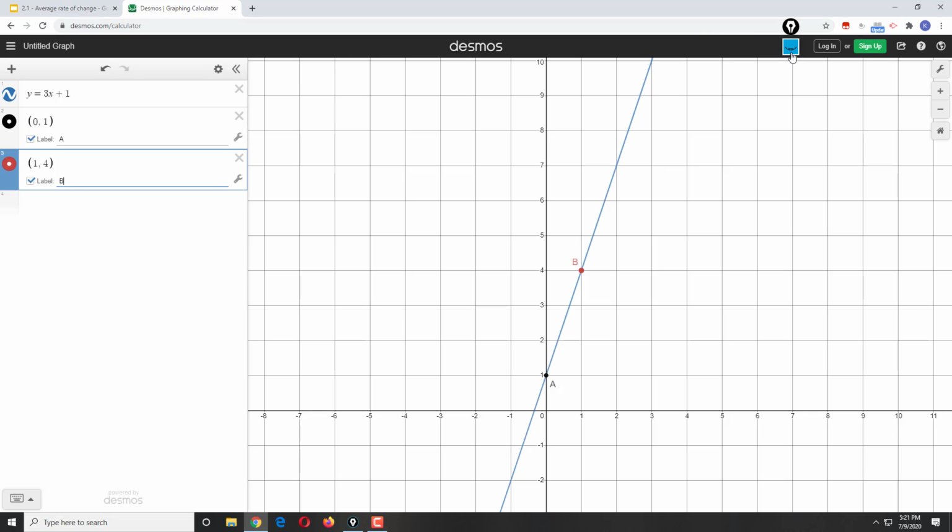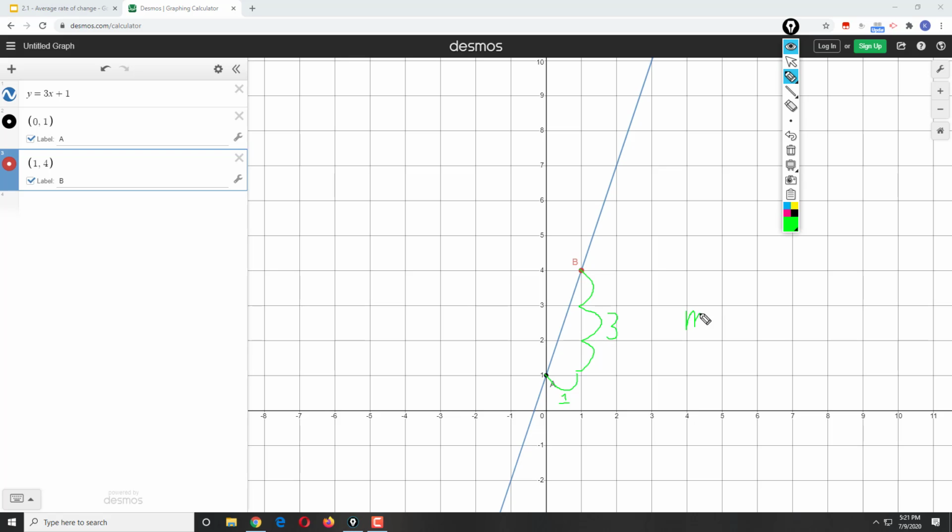Between point A and point B, we know that the line has gone to the right 1, and it has gone up 1, 2, 3.